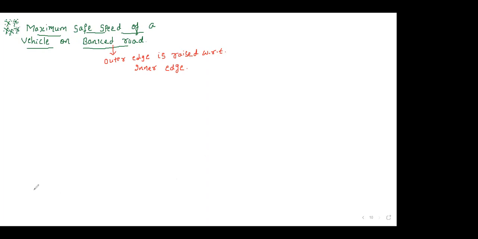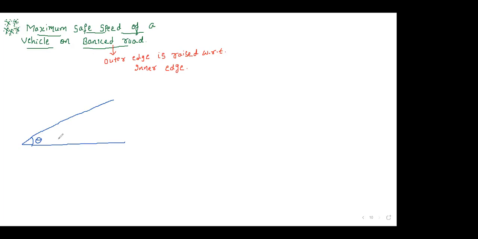Okay, so let us understand the concept clearly here. Let us say this is the inner edge. This is the outer edge. This outer edge of the road is raised by what angle? By an angle theta.